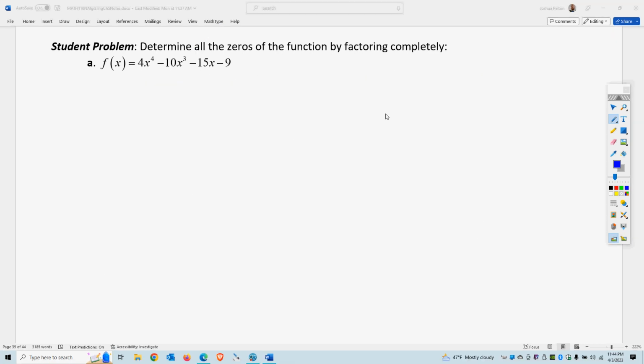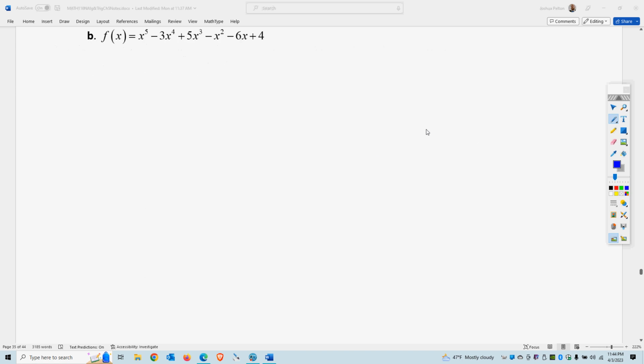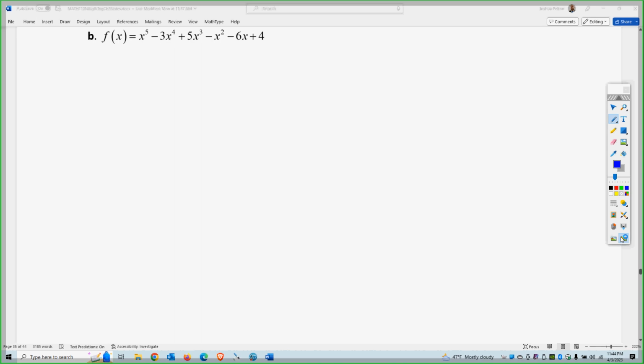This one, however, you're going to need to use quadratic formula for. Okay, so here the p is 4, the constant, and the coefficient is 1, right? So the factors of 4 are 1, 2, and 4. The factors of the q are only 1.